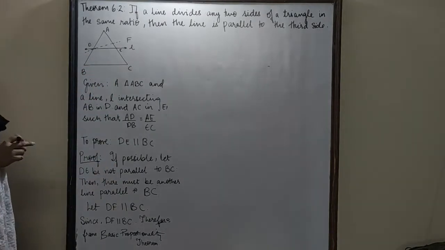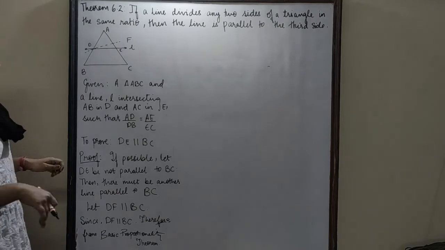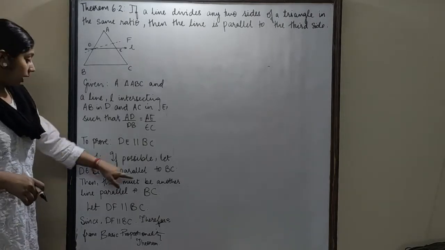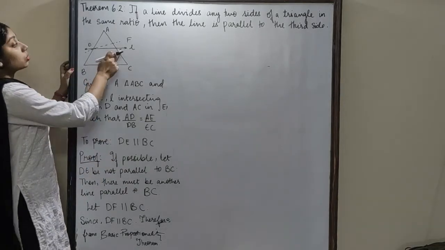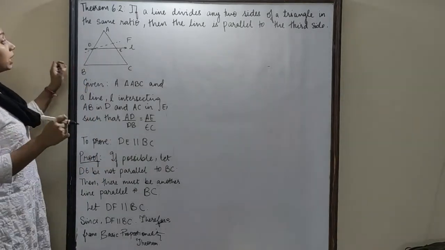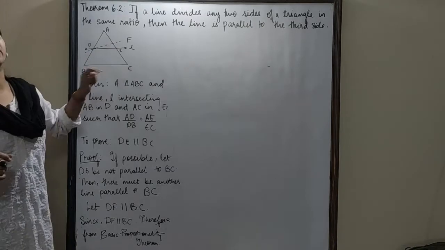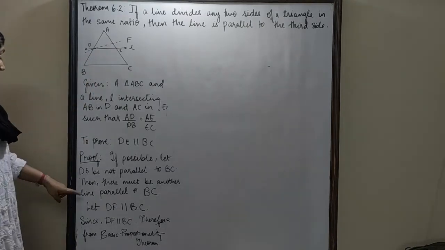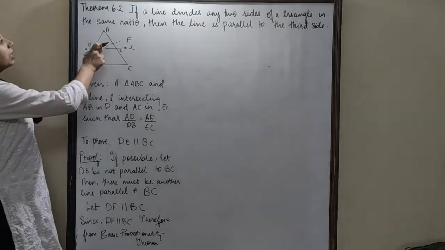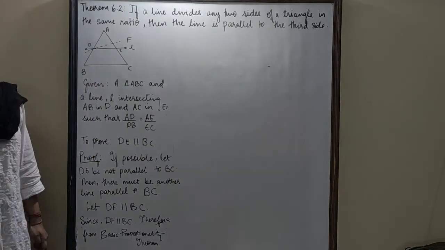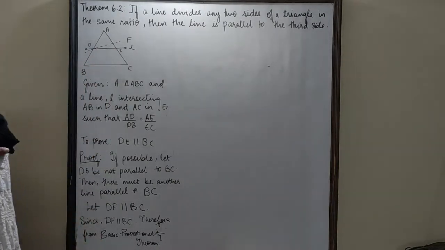Now we are going to take the contradiction first of all. If possible, let DE be not parallel to BC. Now, if DE is not parallel to BC, then let us assume that DF is parallel to BC. Is that clear? Why are we taking DF parallel to BC? Because it is the contradiction.